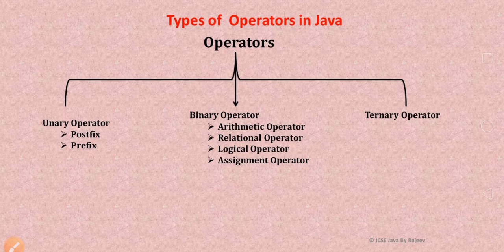And second is binary operator, which is further divided into four subtypes: arithmetic operator, relational operator, logical operator and assignment operator. And the last one is ternary operator. So let's discuss each type of operator one by one.